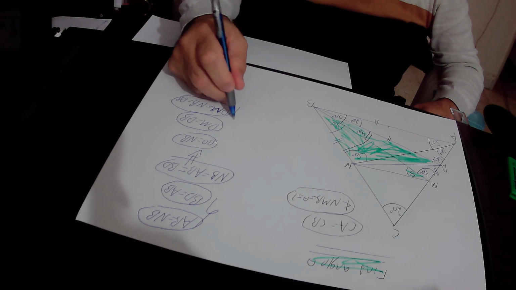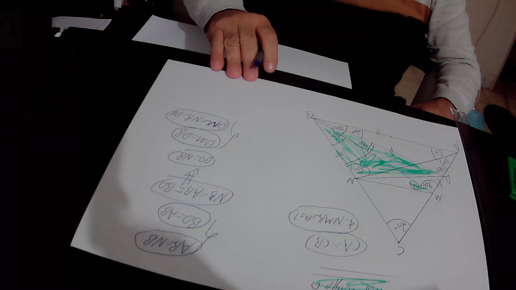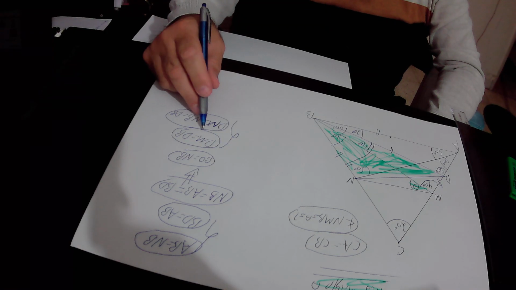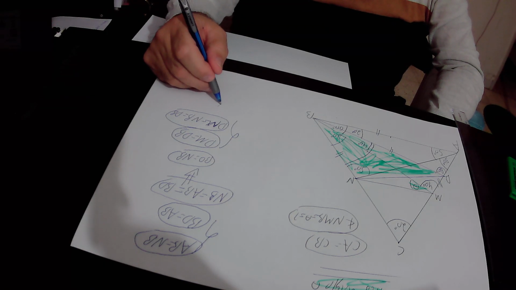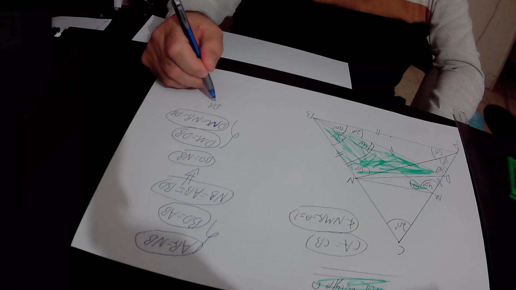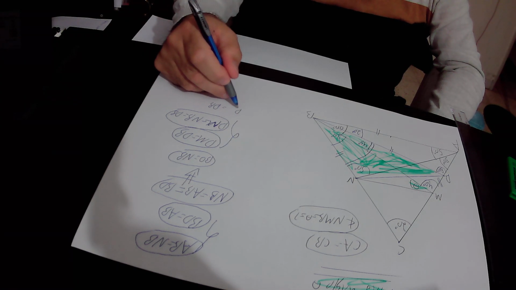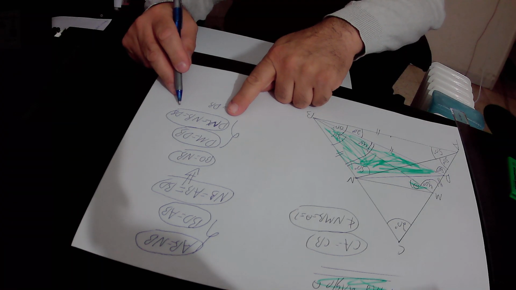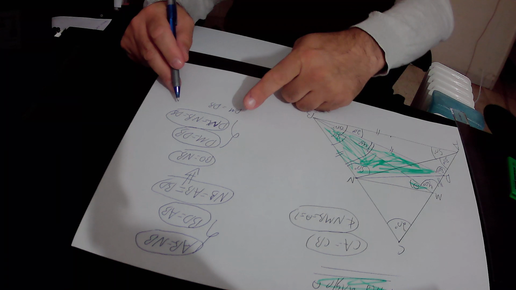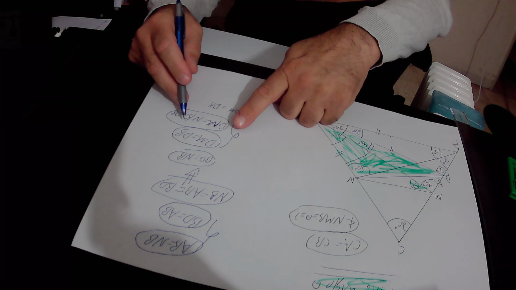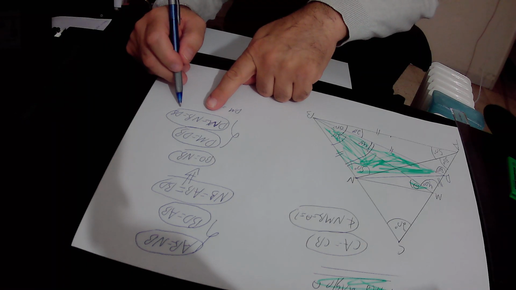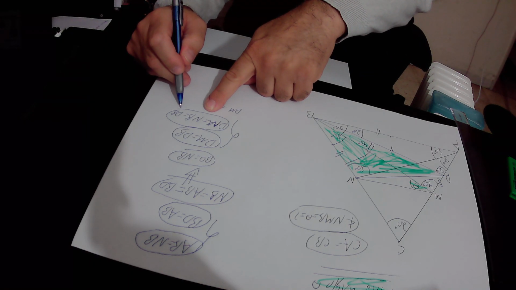So we have here two equations. We focus on those two equations. From one side, DB equals DM according to this equation. But from the other equation, we derive that DB equals NB.